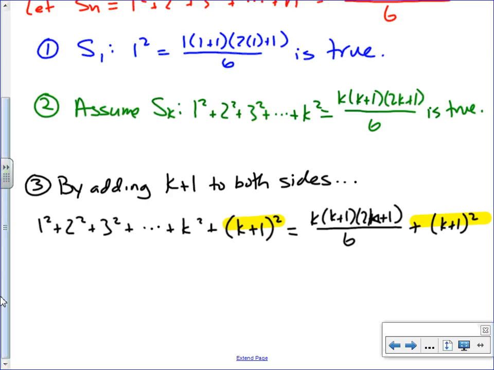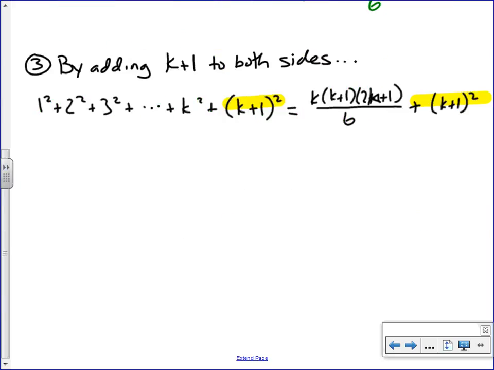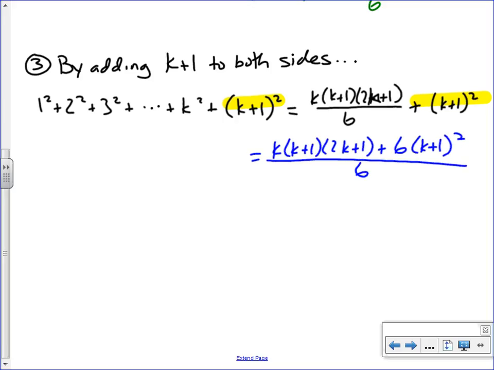Common denominator because we're adding 6. So you agree that this is k plus 1, 2k plus 1 plus 6(k plus 1) squared all over 6.